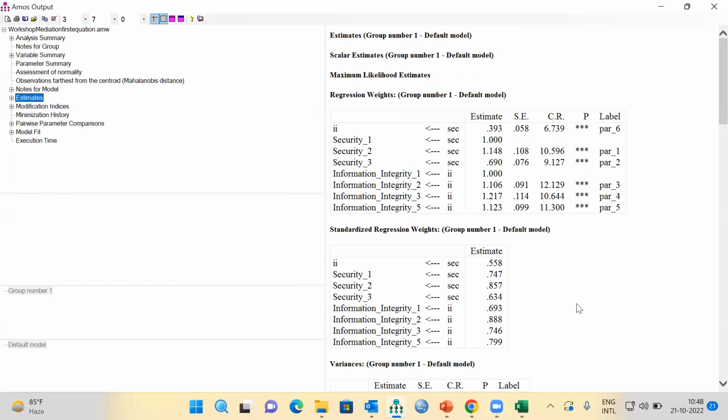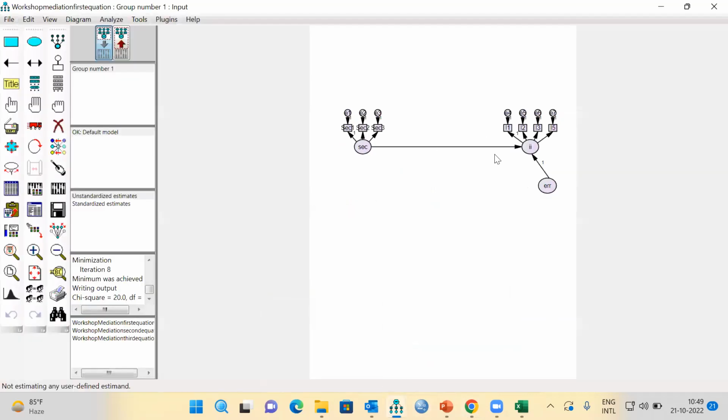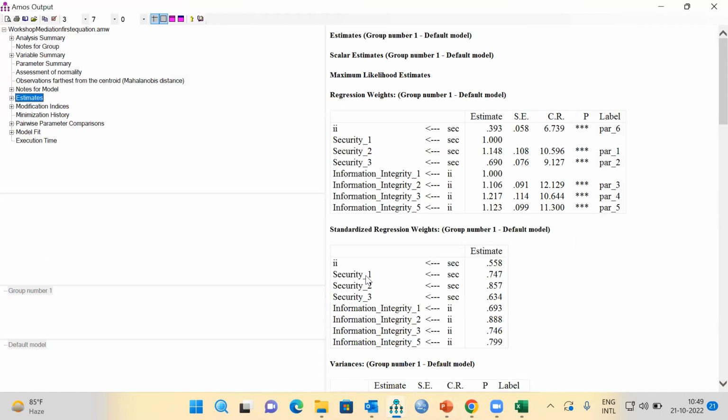You look at the p-value. As per this output, is it significant or not? Yes, Professor. It is significant, but the p-value is showing 0.000 and below. And the estimate is 0.393. You need to remember this because that will be used later for the Sobel's test.